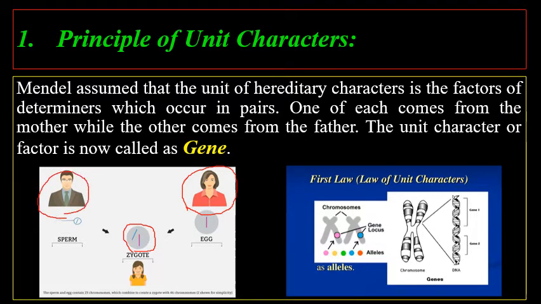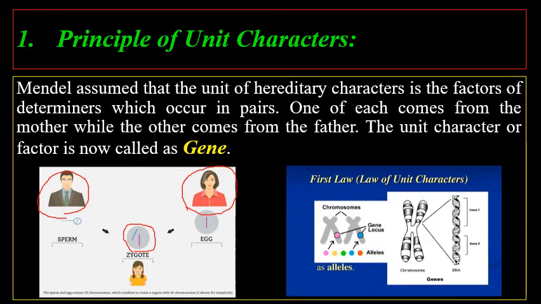So in this picture we can see the father donates sperms while the mother donates egg, and fusion of the sperm and egg forms the zygote, in which one of each factor comes from the mother and the other comes from the father.